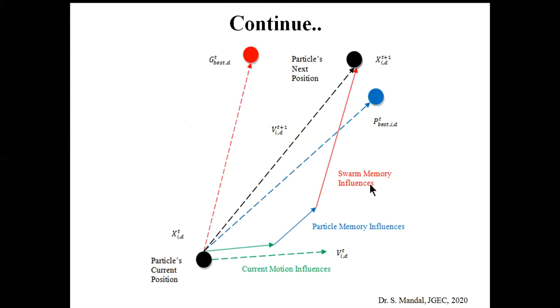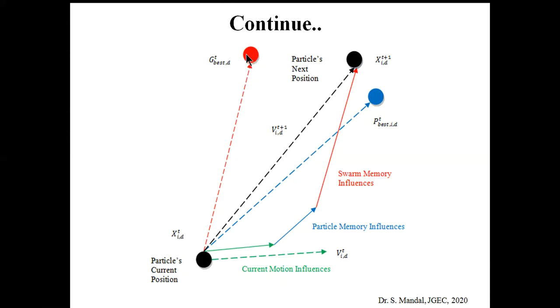Okay, now let's explain the different influences by using this diagram. You can see that the particle's current position is this. The current motion, v_i,d at time t, is the current velocity.